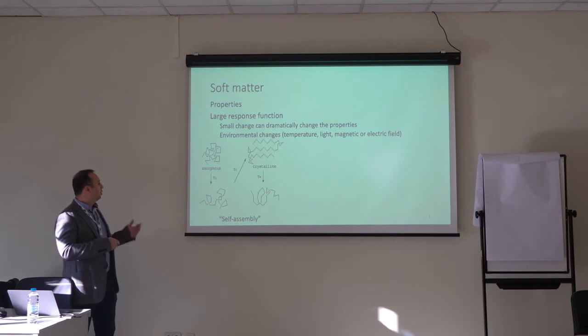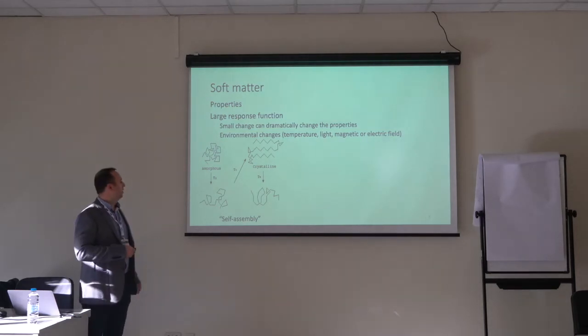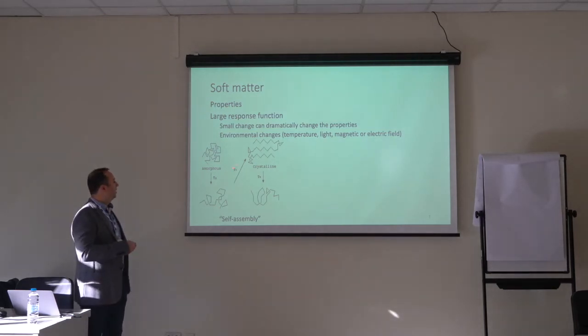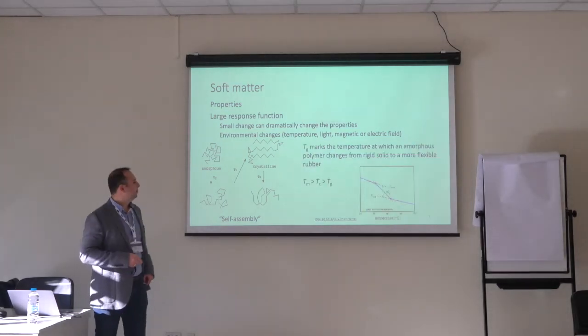You can also think that you have an amorphous structure, and below the glass transition temperature you have a material acting more like a crystalline one, and if you go really low, you end up with a truly crystalline structure, and if you increase the temperature, you have the melt.